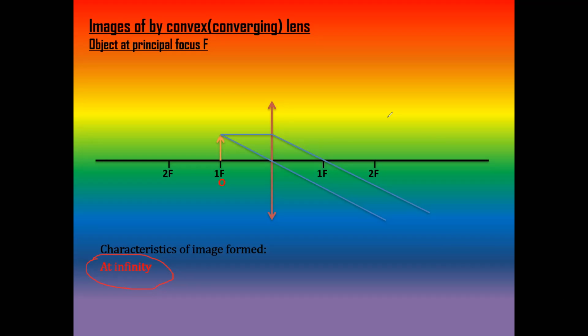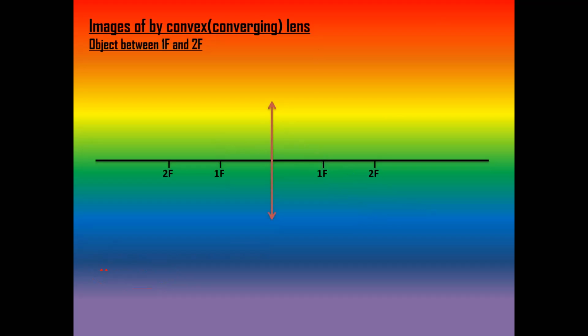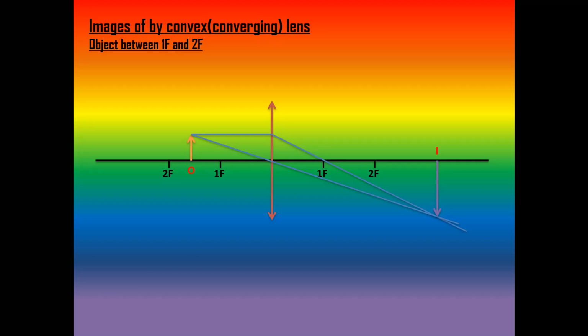The image will be larger, enlarged, but it will be a real image and it is inverted as well. So if an object is between f and 2f, the parallel light ray will pass through the focus, the one through the optical center passes straight, and the position where the light rays intersect is the image.